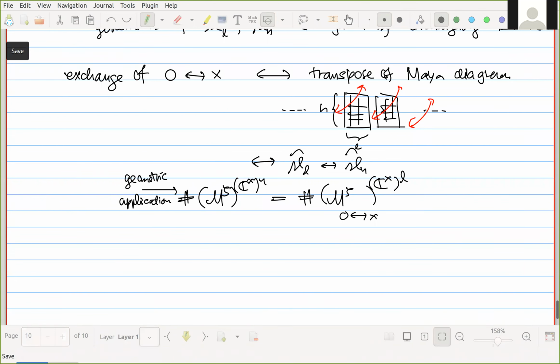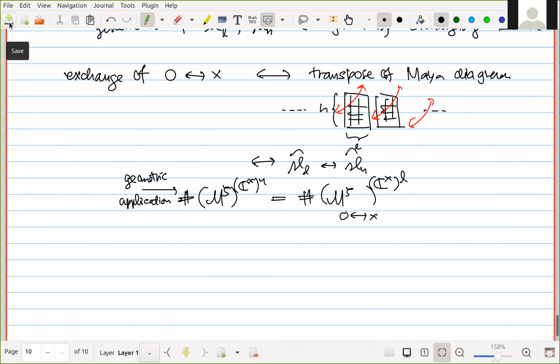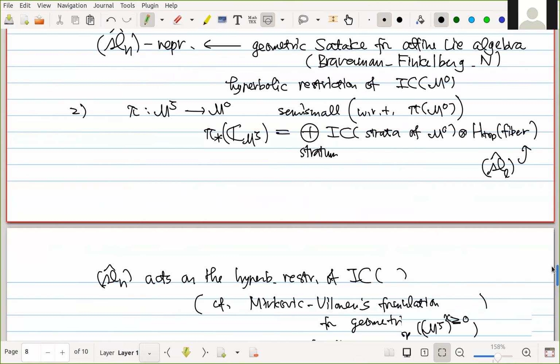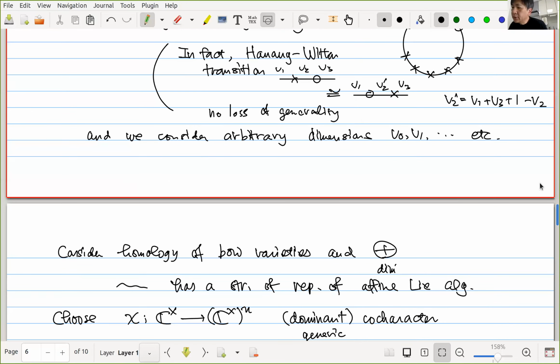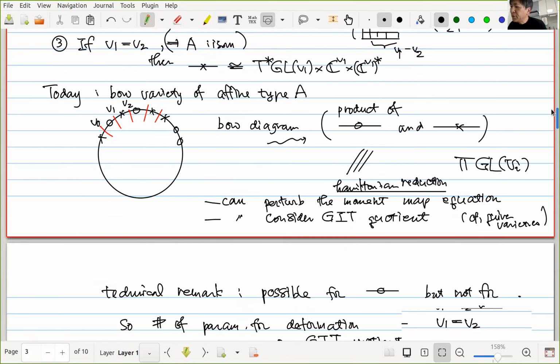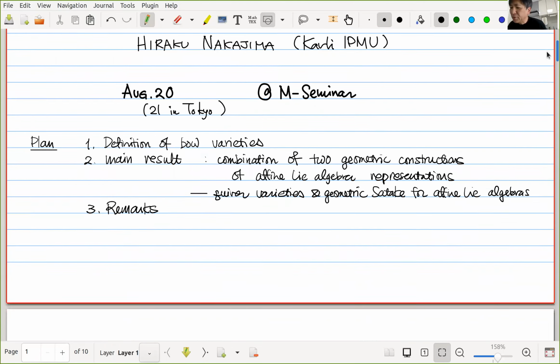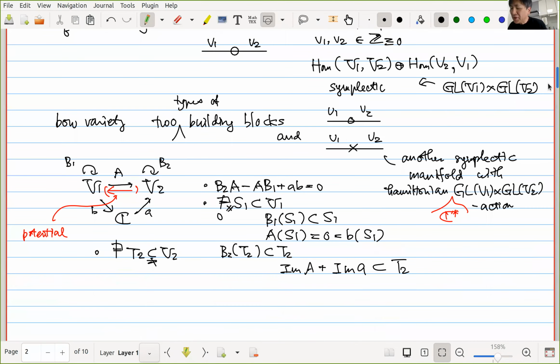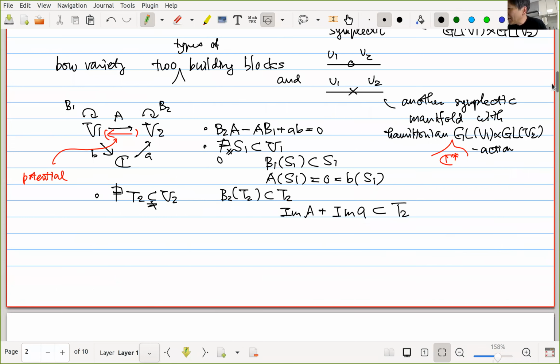Probably you have this quantization procedure of Bow varieties, even if it's not a Coulomb branch or something. Yeah, because that is a research project which I proposed to several students, but nobody has been interested so far.